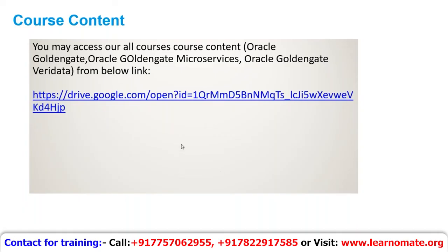So if you are new to GoldenGate, my recommendation always is first learn classic architecture, then move to microservices, then move to Veridata. The reason I always say first learn classic architecture is, I'll give you one example. Those of you who have worked on command prompt, and those who have directly worked on the GUI of Windows: those who have worked on command prompt know the in and out of Windows.